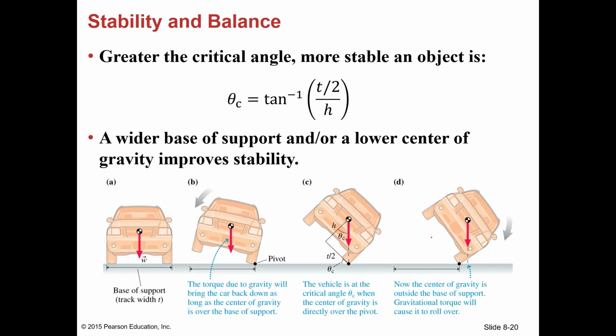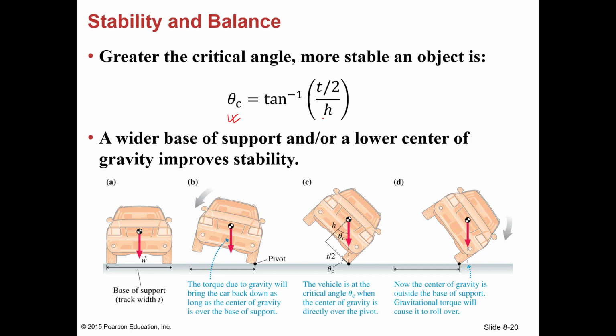So again, our aim is to increase the stability of an object, or in this case a car. To improve the stability, we want to increase the critical angle. There are two ways to increase the critical angle.